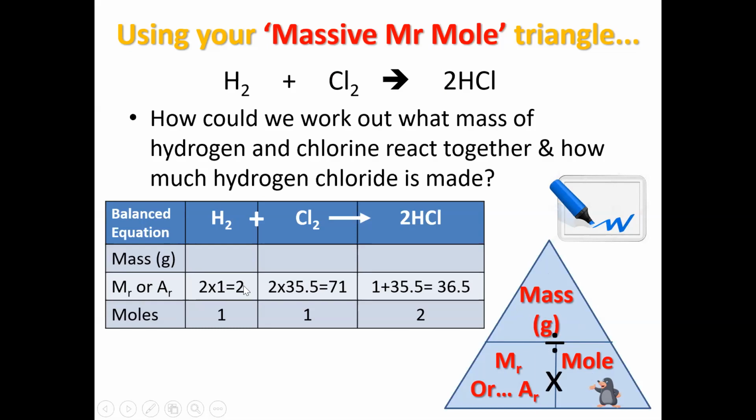So relative formula mass times moles. So 2 times 1 would give you 2. Again here, 71 times 1. And then finally, 36.5 times 2. And that's how you would work out the mass of each of those molecules.